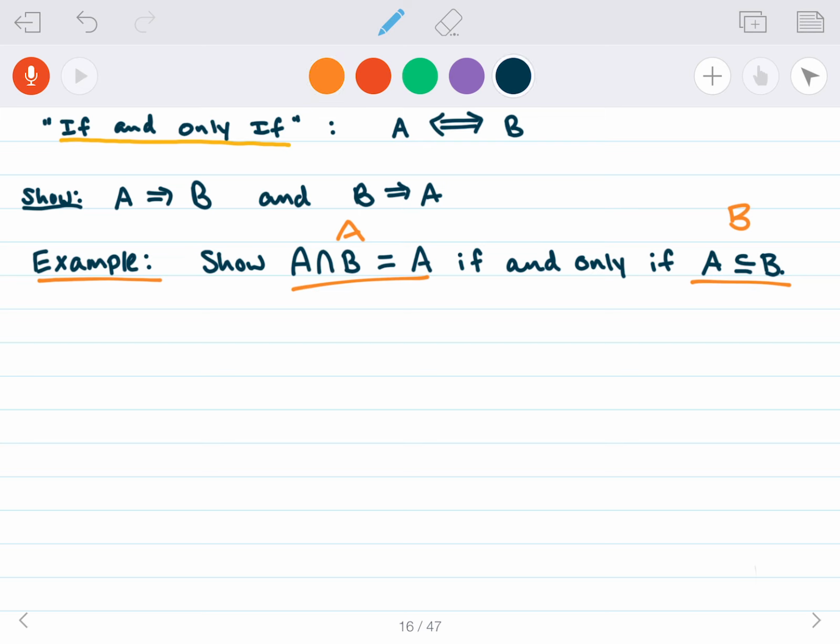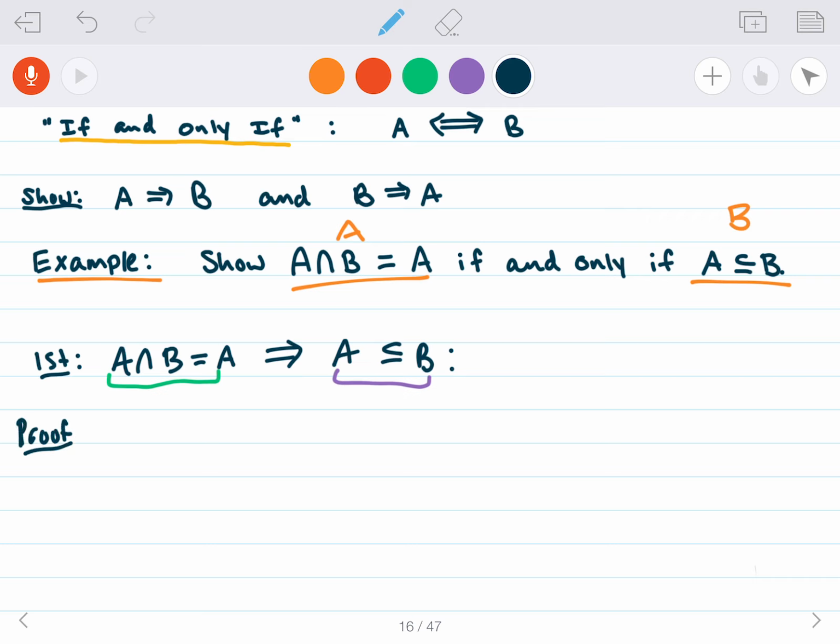So let's show the forward direction. We want to first show that A intersect B equals A implies that A is contained in B. So we want to assume this and show that it gives rise to this.